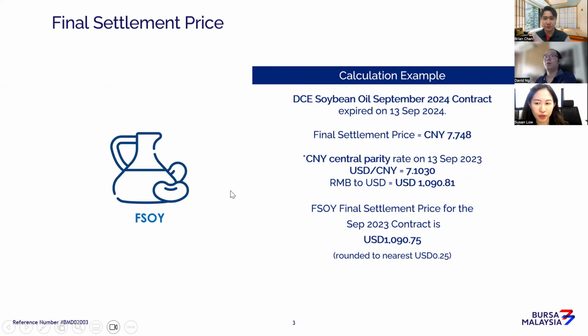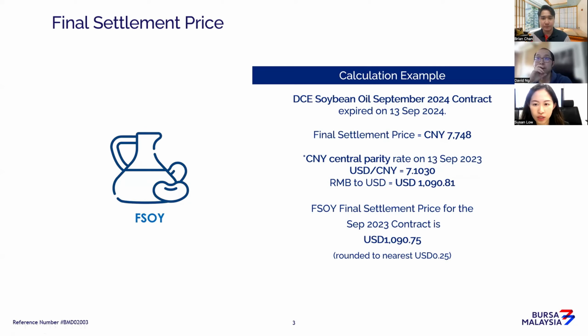So here's an example of how to calculate it. DCE soybean oil September, the contract that has just expired on 13 September. Its final settlement price in CNY is 7,748.